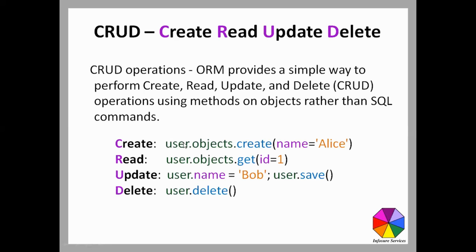I'll be using the term model as synonymous with class, like Python classes. Even from the Python terminal, you can use these functions, user.objects.create. You don't need a form, you don't need the HTTP post and all that. Once you create a simple class, you can use this function to create the records, and you can use this function to read.